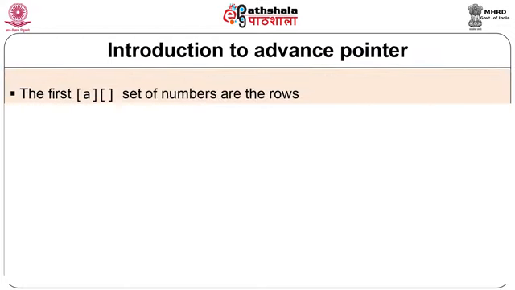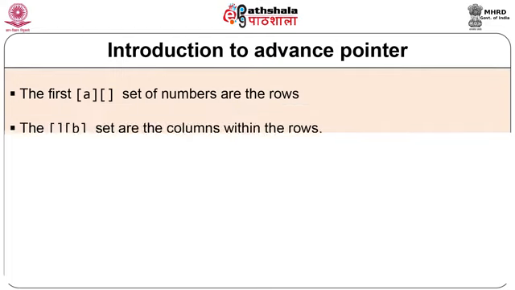In the first bracket, the set of numbers are rows, and in the second bracket, the set are columns within the rows.